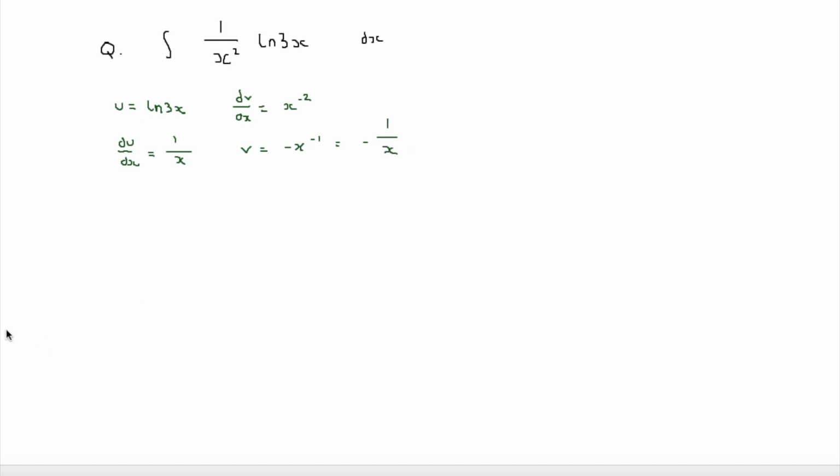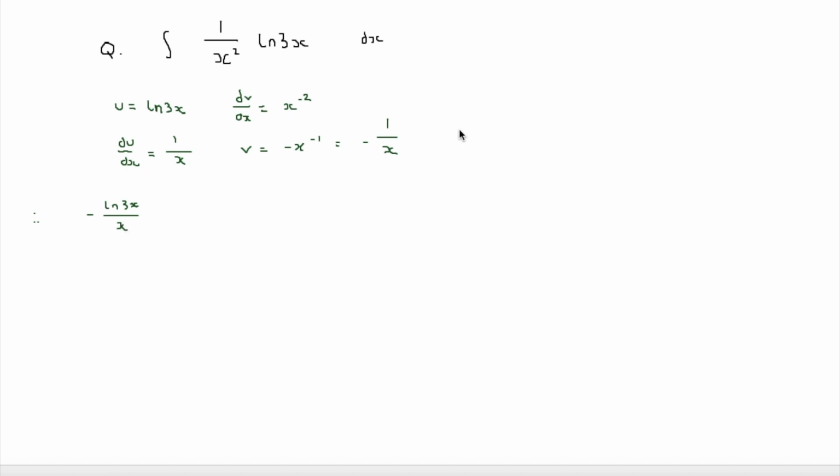So therefore we're using that same formula. So u times v is going to be equal to ln 3x times by minus 1 over x. That is going to be minus ln 3x divided by x.